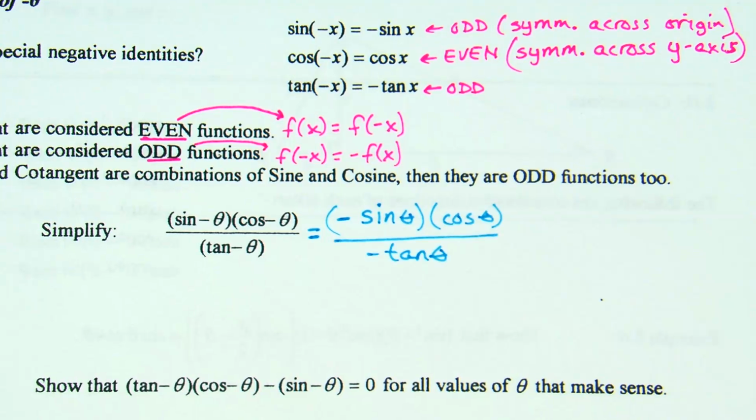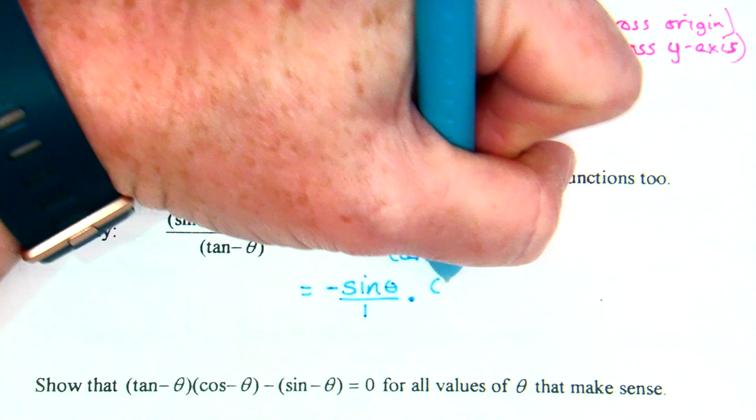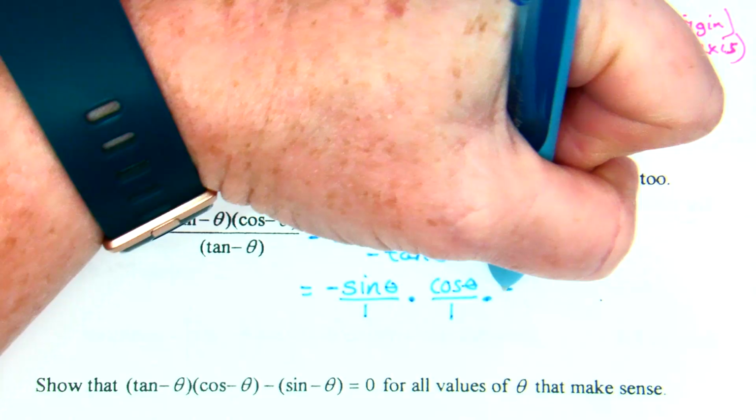So I'm going to write this out as negative sine theta, which as a fraction is negative sine over 1, times cosine theta. Cosine theta as a fraction is cosine over 1, times, well, it's divide by negative tangent. So it's divide by negative sine over cosine, which means it's going to multiply by negative sine over cosine?